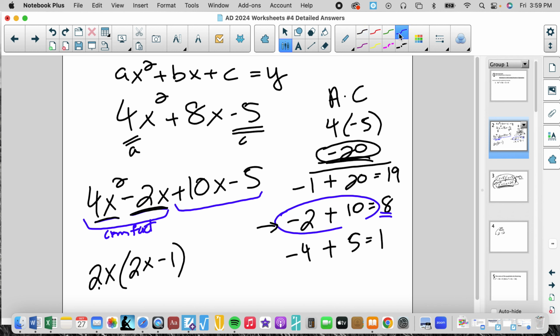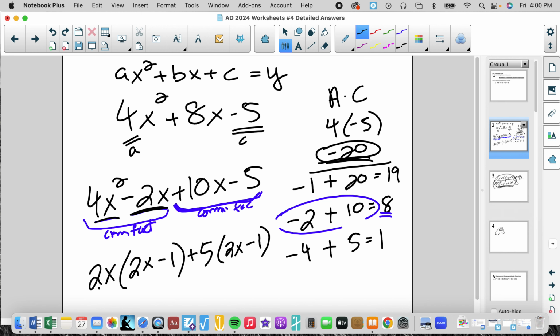Let's look at the other pair, 10x minus 5. So we're going to look for a common factor. What is the common factor? A +5. If I factor a 5 from 10x, I get 2x. If I factor out a 5 from -5, we get -1.